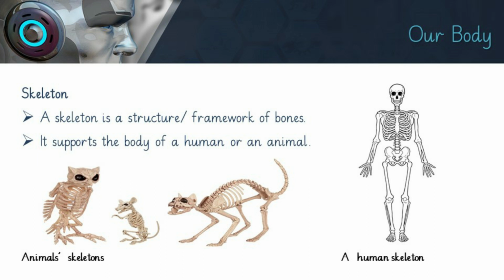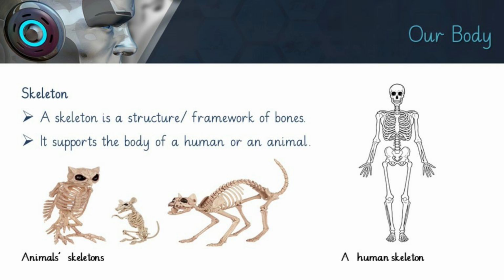So let's start with skeleton. What is skeleton? A skeleton is a structure or framework of bones. It supports the body of a human or an animal. If you look at the given pictures, we have different kinds of skeleton. A human skeleton and animal skeleton. On the very right side, you can see that human skeleton is made up of different bones.